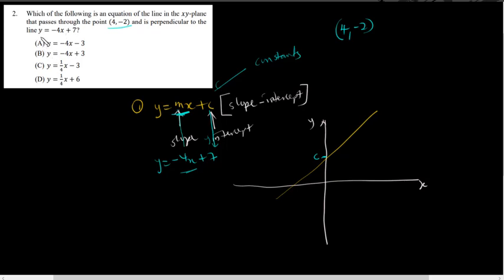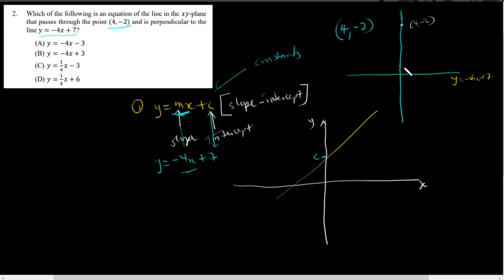Now compared to the line here, for example, the question says that if this line is y equals -4x plus 7, then we are asked to find another line which will pass through a certain point (4, -2), and also it will be perpendicular.